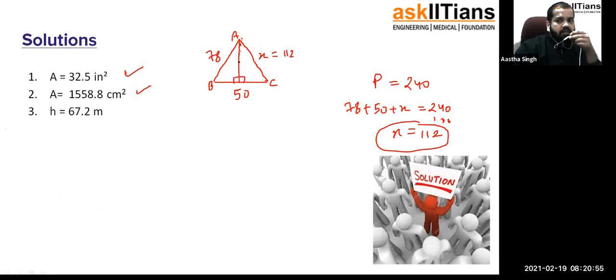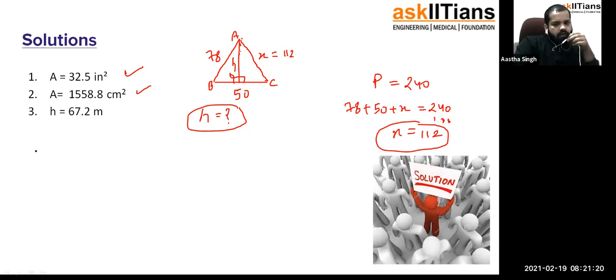If this point is D, it is finding AD, or if this height is H, find the value of H. The question is asking to find the value of the height for the 50-meter side from its opposite vertex. How will you find it?